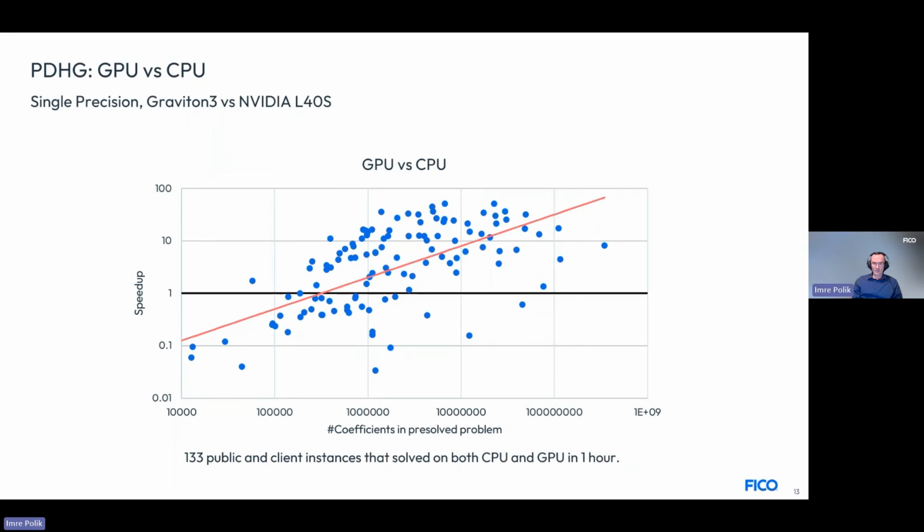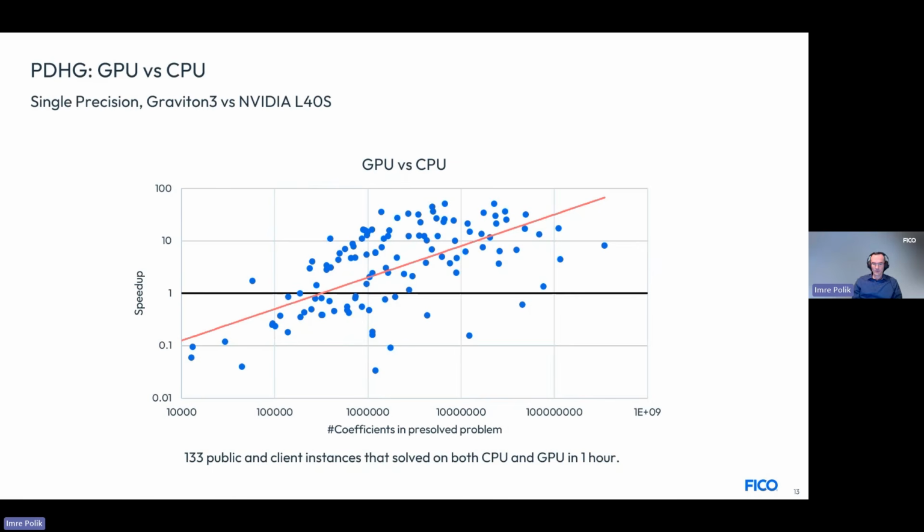The other one is, if the problem is very small-ish, the limit seems to be between 100,000 and a million non-zeros. Under a million, you're pretty much better off using the CPU implementation. But over a million non-zeros, the GPU implementation starts to win simply by raw power.